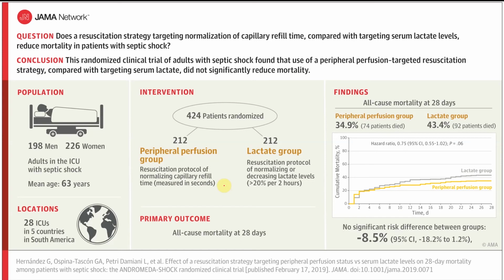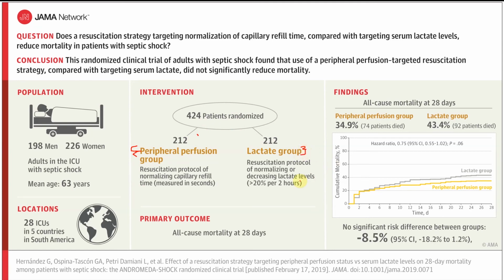There was a recent article published in JAMA, and this was a landmark trial, and it received a lot of hype on social media. Basically, they took 424 patients and randomized them to two groups. They treated the patients based on peripheral perfusion or a lactate.